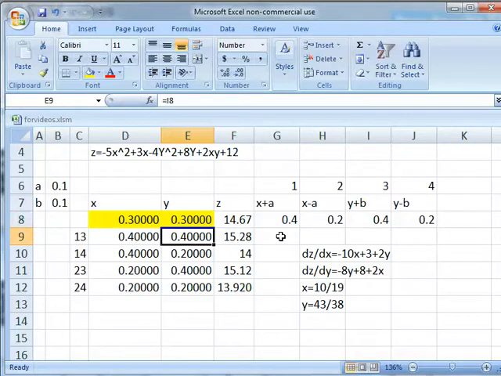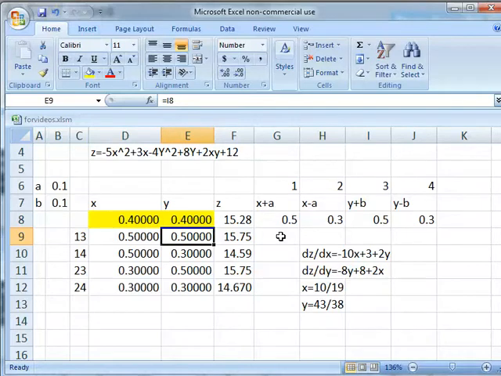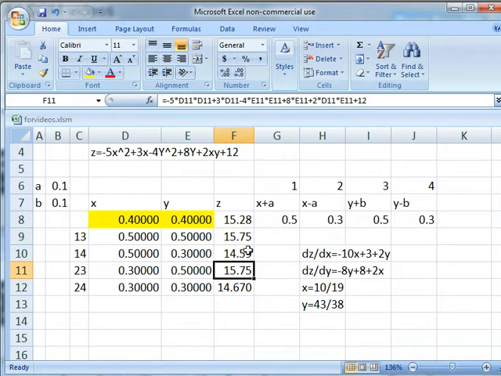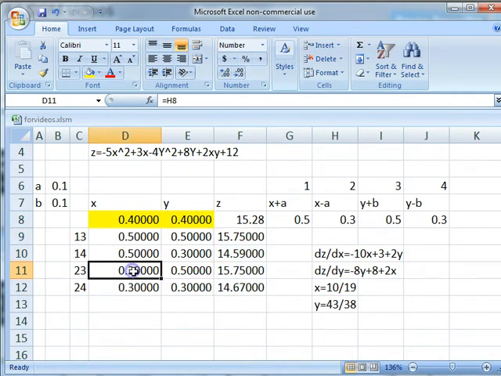Still, the best one is 0.4 and 0.4. Still the best one, well, here it might be that we have the same values. Here we need to see more digits to make a decision, and it's actually the same, so it doesn't matter if we choose to go 0.5 and 0.5 or 0.3, 0.5.